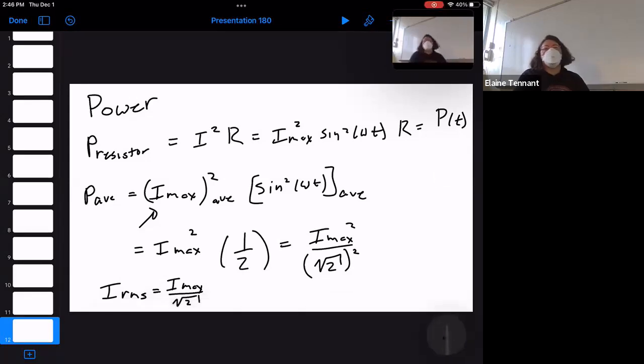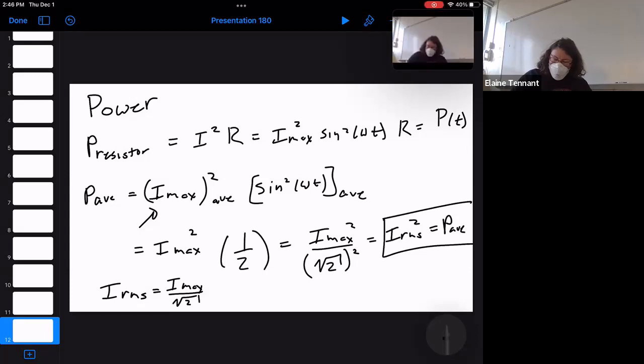That's what you missed from Tuesday. So I have 2 I maxes on top, 2 root 2s on the bottom, so I really have an I RMS squared.